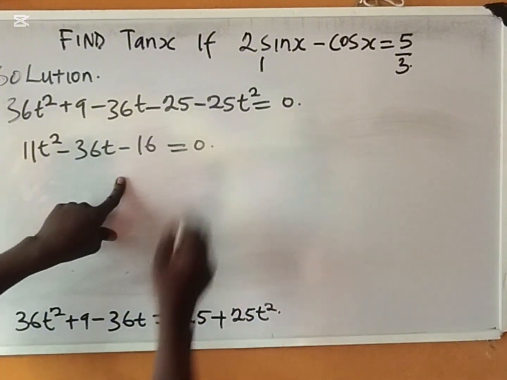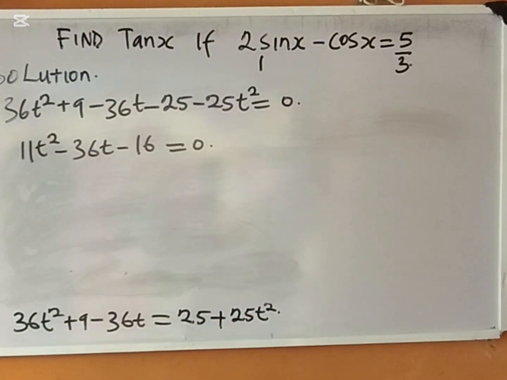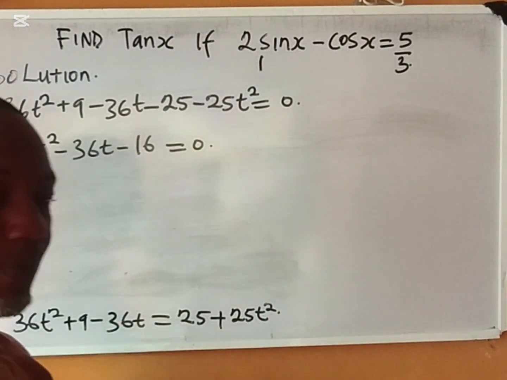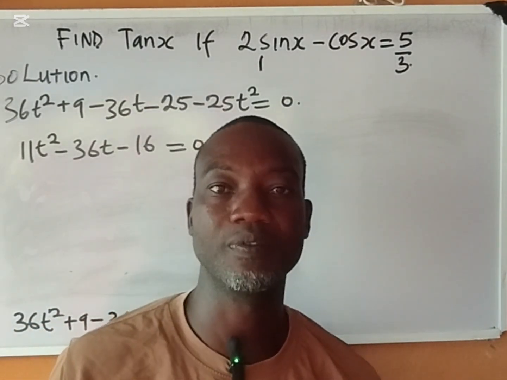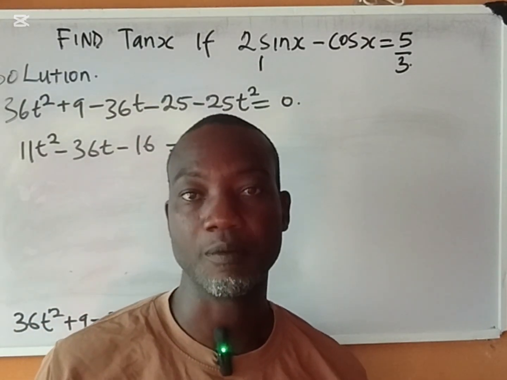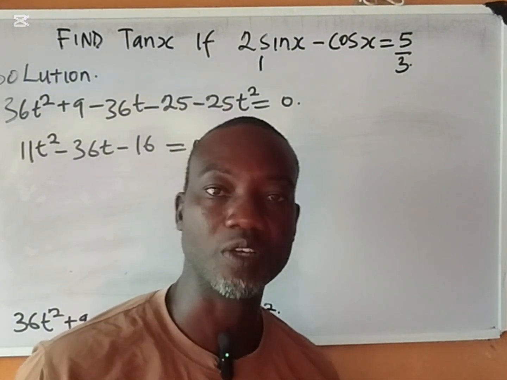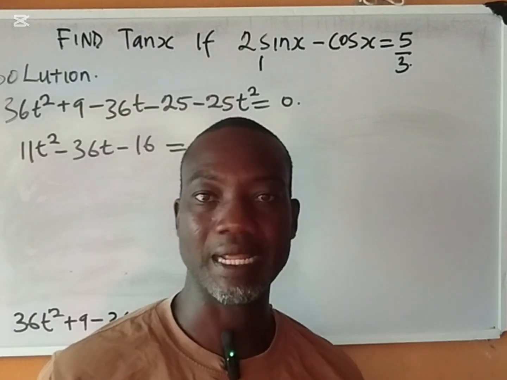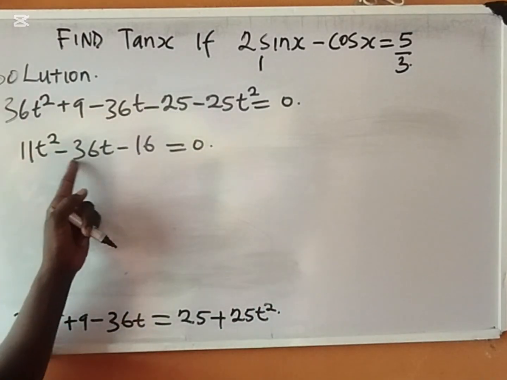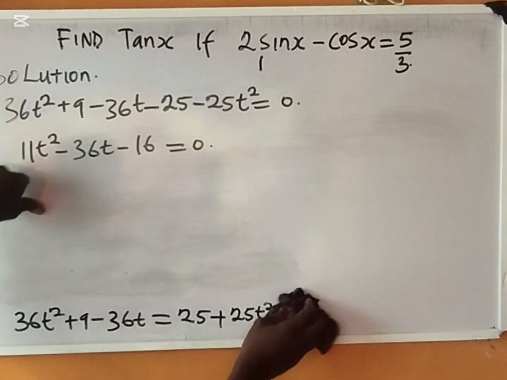This is equal to 0. So we have arrived at a very popular type of equation we refer to as the quadratic equation. So we can solve this equation now by using the formula method. There are other methods that can be used to solve this equation, but in order to do it quickly, we will use the formula method in solving for t in this quadratic equation.